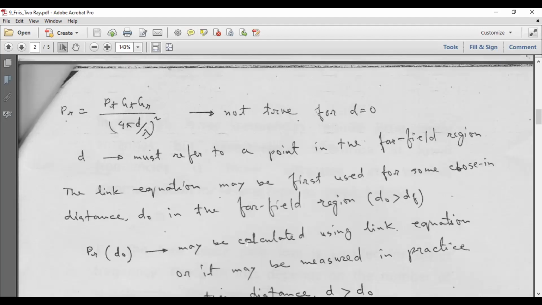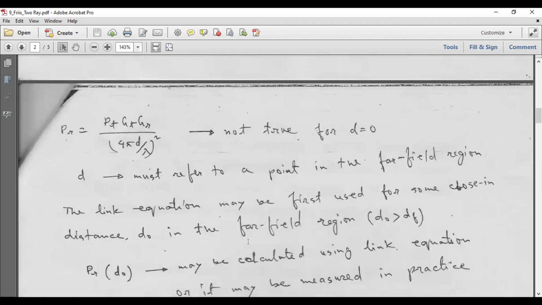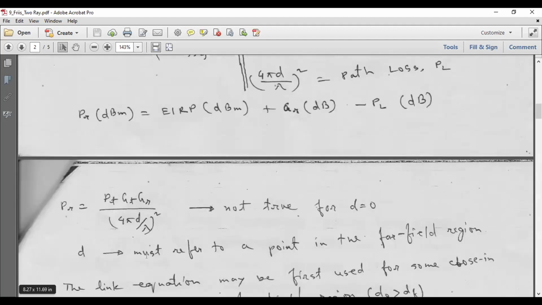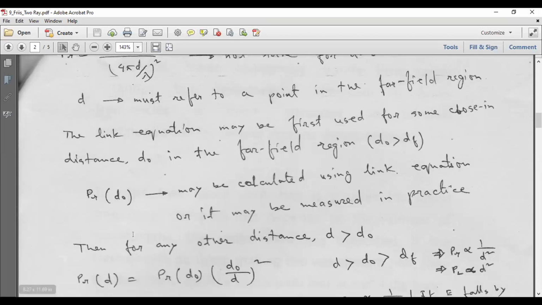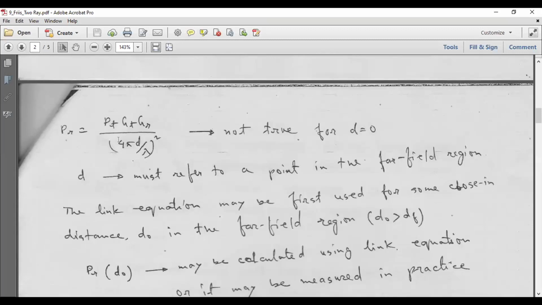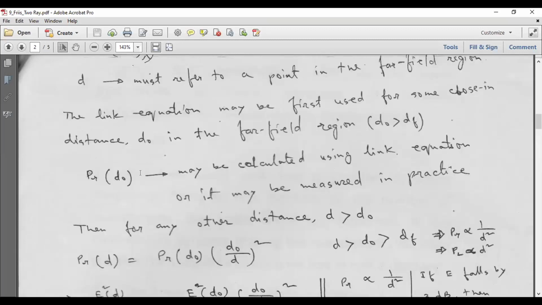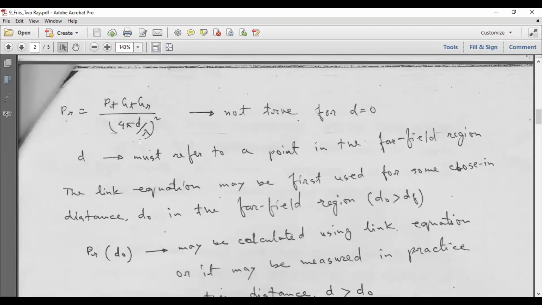Then for other distances, you consider this relationship, but for the reference distance you may measure, which will increase accuracy. Then for other distances, you just use this expression. You actually have to just relate, right? For D naught, PT, GT, GR will be constant.